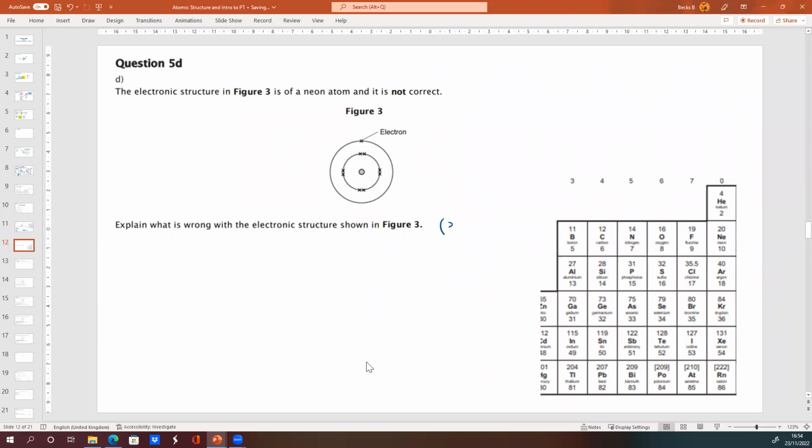There are 3 marks, so identify what is wrong, and then you need to explain. Identify it and say why it is wrong. There are 2 big errors there, so I'll give you a couple of minutes.